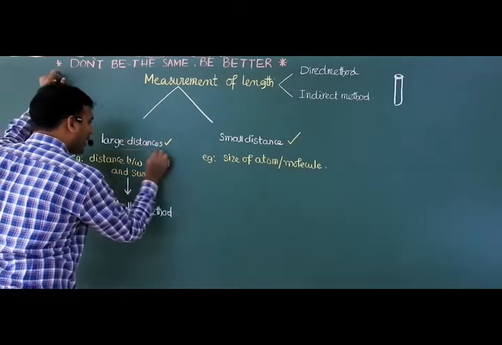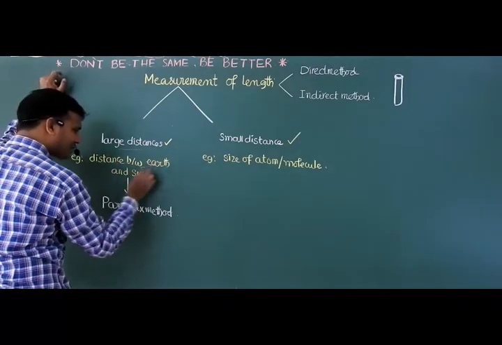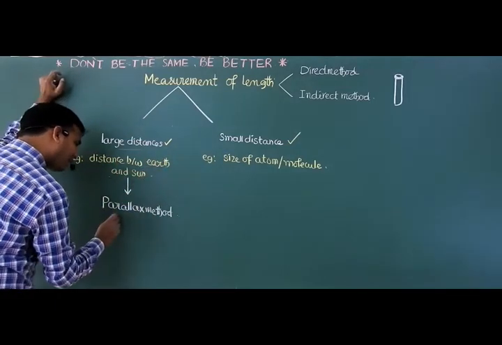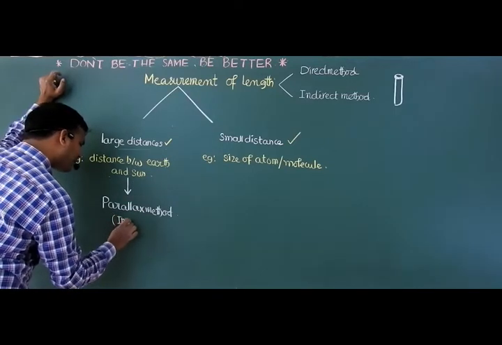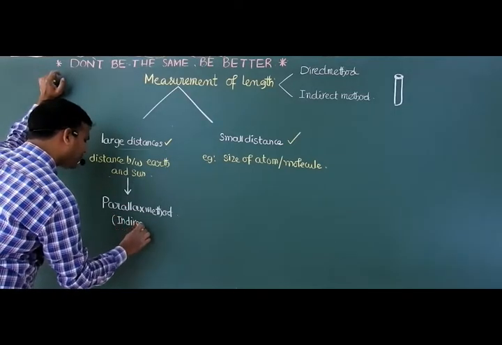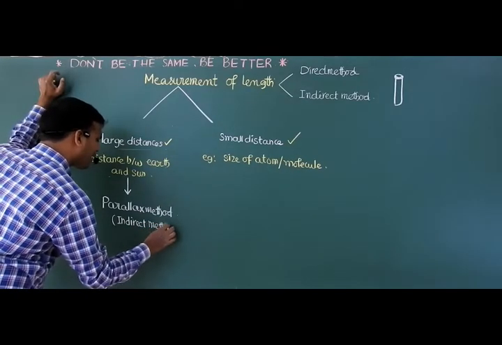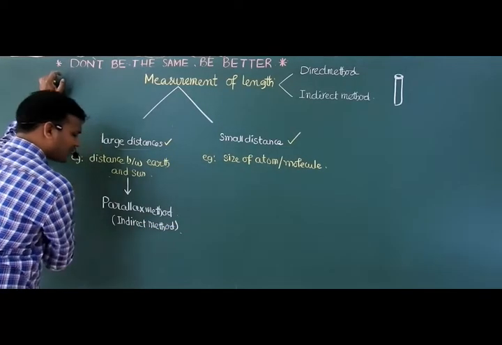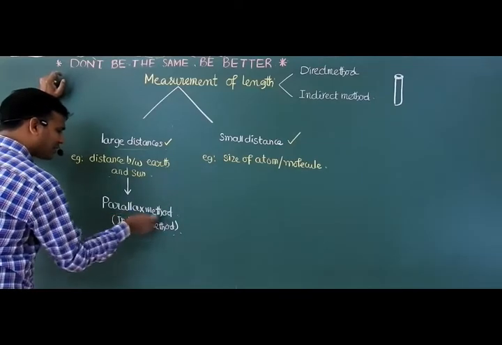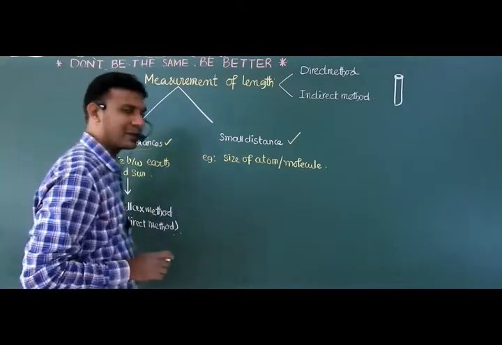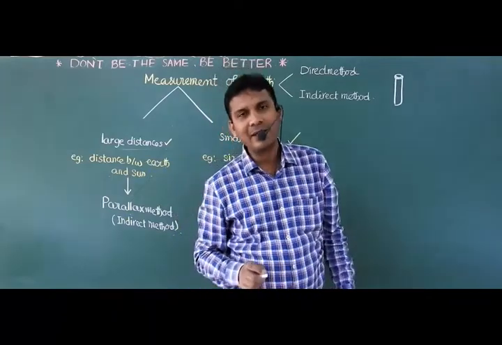Remember, to measure large distances such as the distance between Earth and Sun, we always prefer the indirect method but not the direct method, because with the help of a meter scale it is very difficult to find such a large distance. So this method is an indirect method, and this indirect method is known as the parallax method. I hope it is clear.